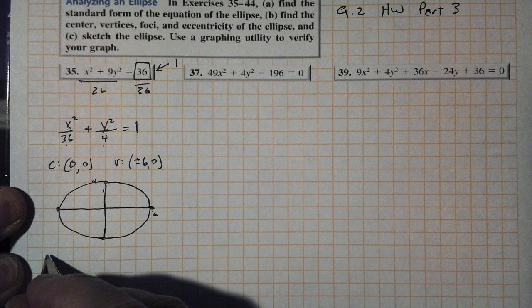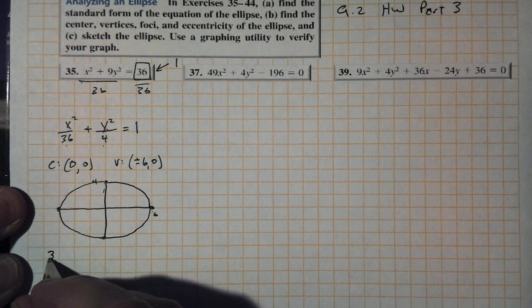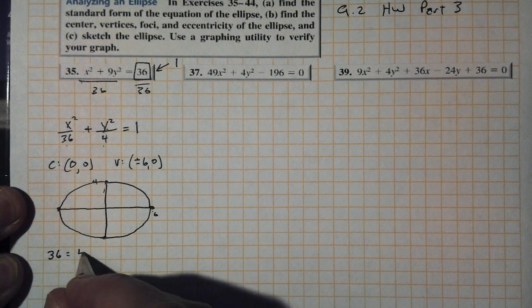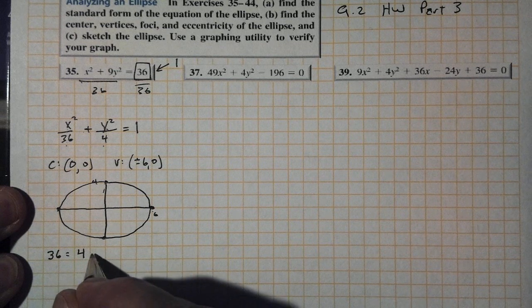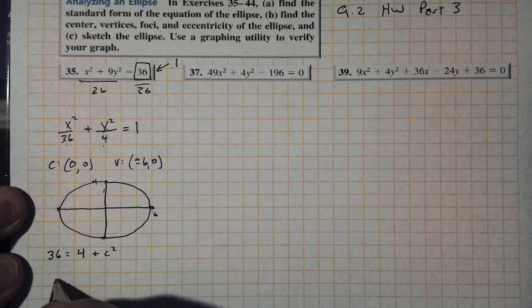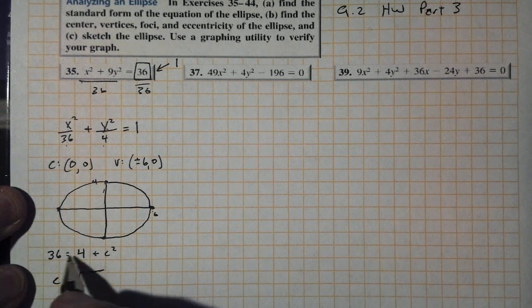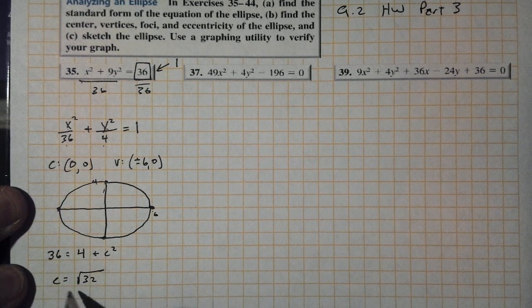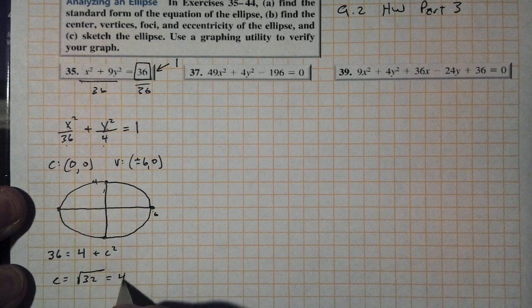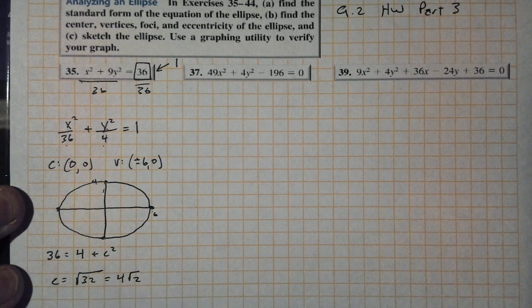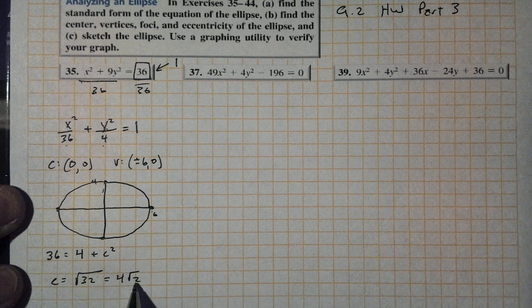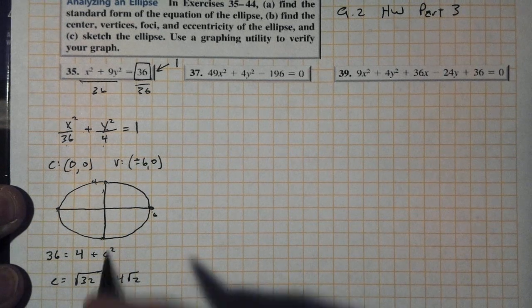The foci, a squared equals b squared plus c squared. C is the square root of 36 minus 4, 32, or 4 square root of 2. So I don't know, 4 square root of 2 is about 1.4 times 4.